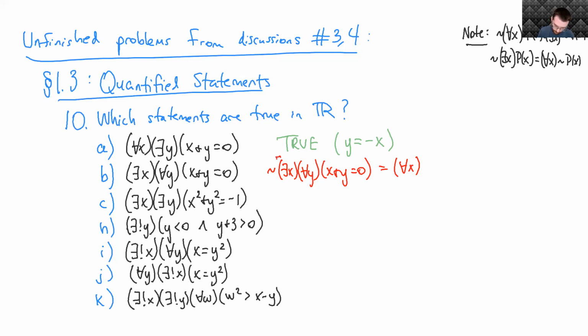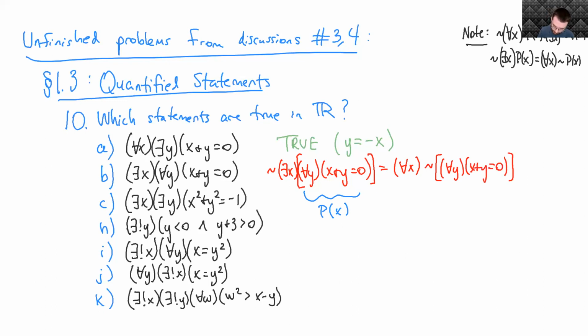We're negating this whole thing, which is sort of like negating a there exists statement where this is the predicate, p of x. So that would look like for all x, not p of x. And then I'll sketch down what p of x looks like.